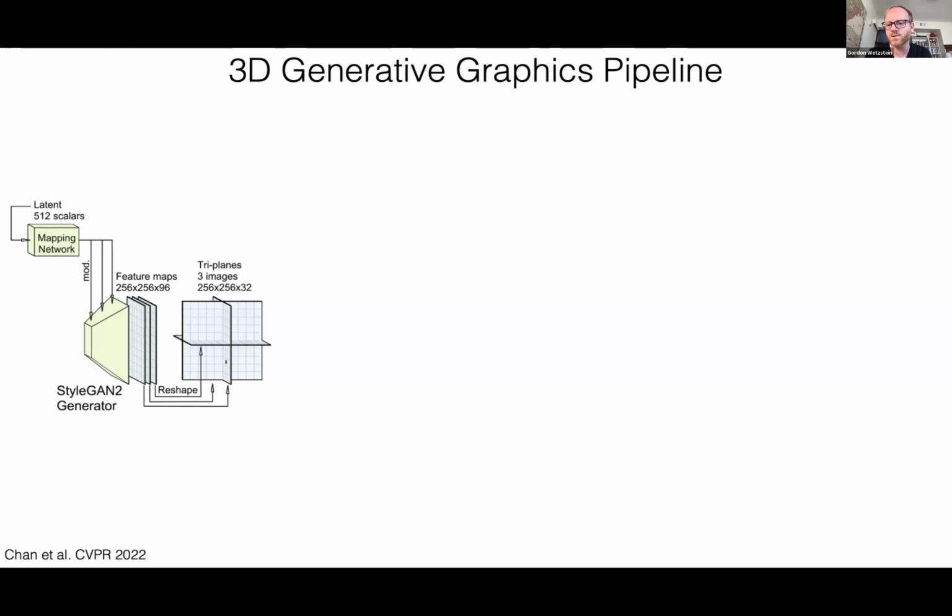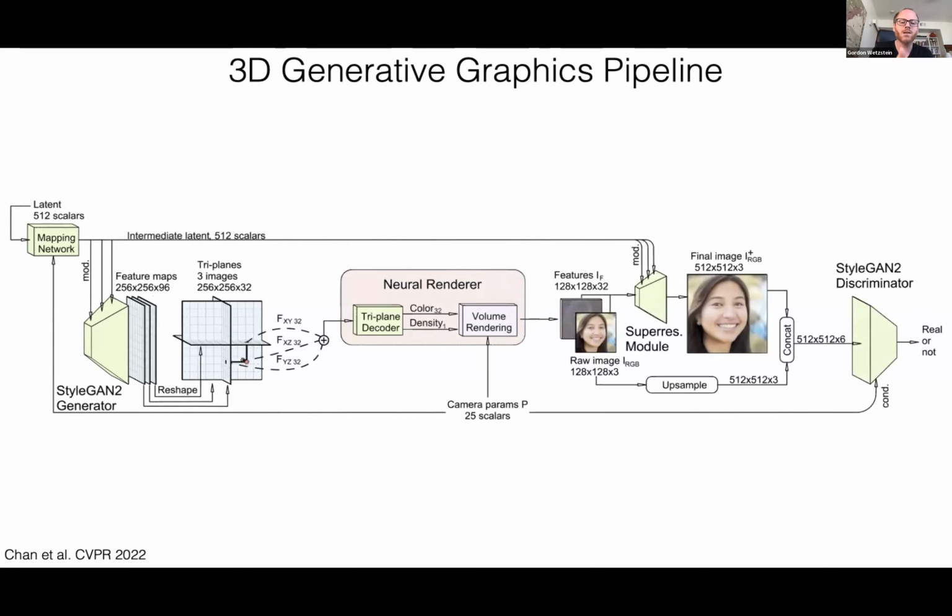These 96 channels are not colors, they're features, and 96 divided by 3 is 32. We're going to chop them up into 3 blocks and rearrange them in 3D. That gives us a really simple way of doing something in 3D. We then use this feature aggregation, the triplane decoder that I mentioned, and standard volume rendering to render an image from them in 3D.